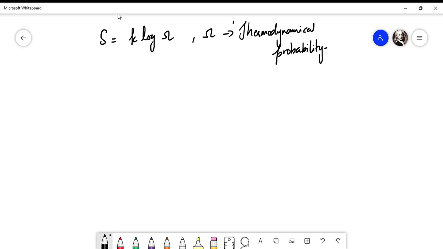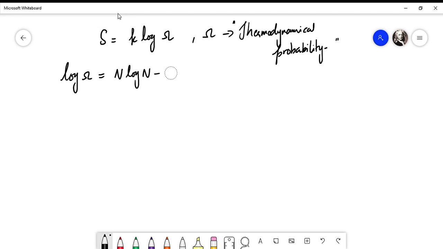Basically, omega is the number of microstates in a given macrostate. This is Boltzmann's entropy formula, and we also noted in the last lecture that we could write log omega as n log n minus n.